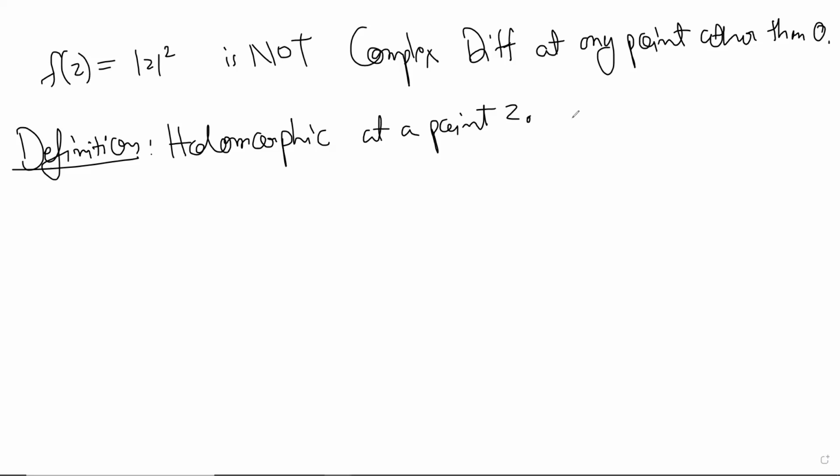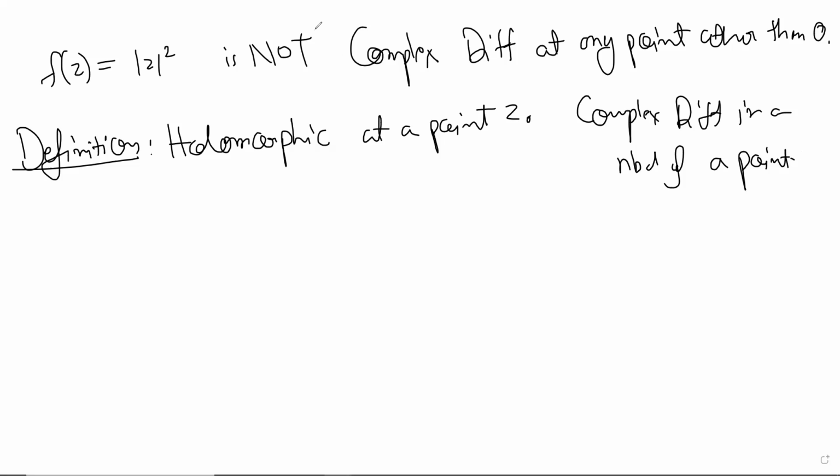Holomorphic at z0 means complex differentiable in a neighborhood of a point. So this is pretty strong, and it's very, very different. We'll see the reasons later on. First, we'll see what difference it creates, and then probably we'll see the reasons. Okay, so far so good.